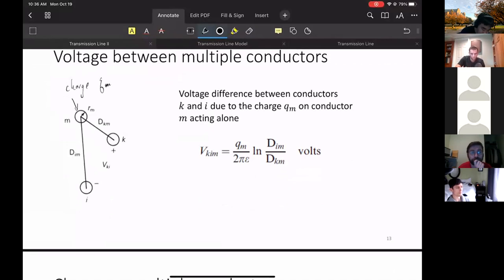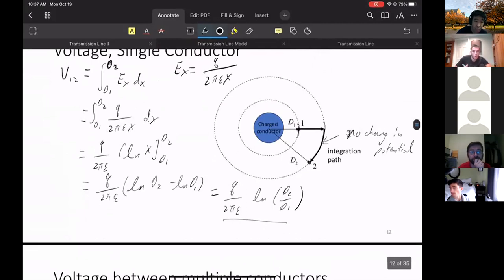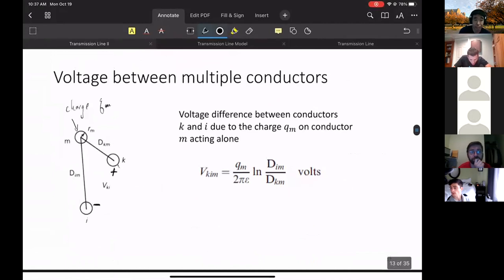I want to know the voltage difference between another conductor, K and I. So we have some conductor carrying charge, there are two other conductors around it, and what I'm interested in is the potential difference between these two conductors. The calculation we did last time was around a single charged conductor. Now I want to compute the voltage between multiple conductors.